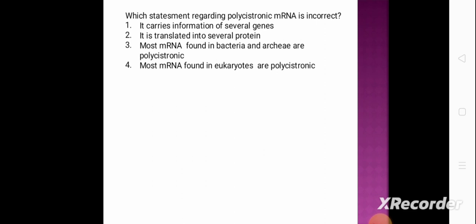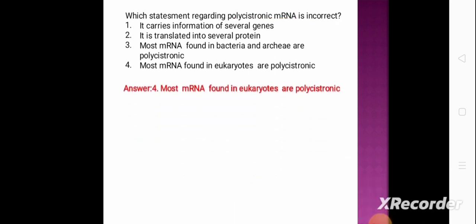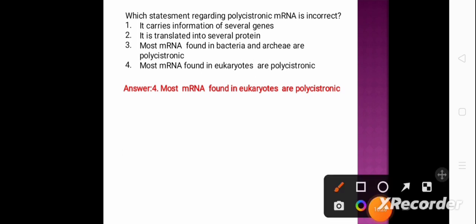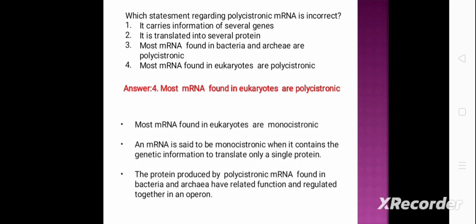And option 4, most mRNA found in eukaryotes are polycistronic. From these 4 options, you have to choose the incorrect option. The answer will be option 4, because most mRNA found in eukaryotes are monocistronic.